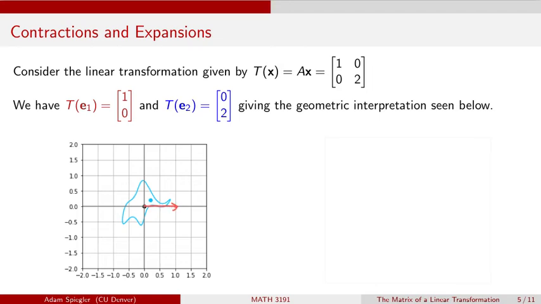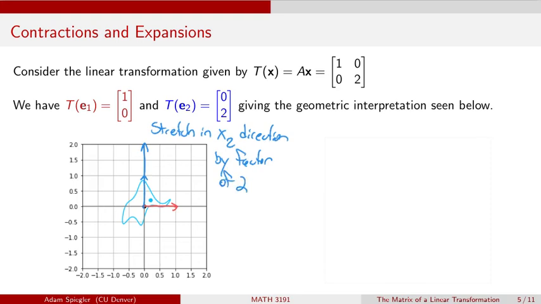E2, however, is going to get shifted. If it started over here, it now becomes twice as long. So we're going to stretch in the x2 direction, and we're not going to do anything in the x1 direction. We're going to stretch in the x2 direction by a factor of 2.